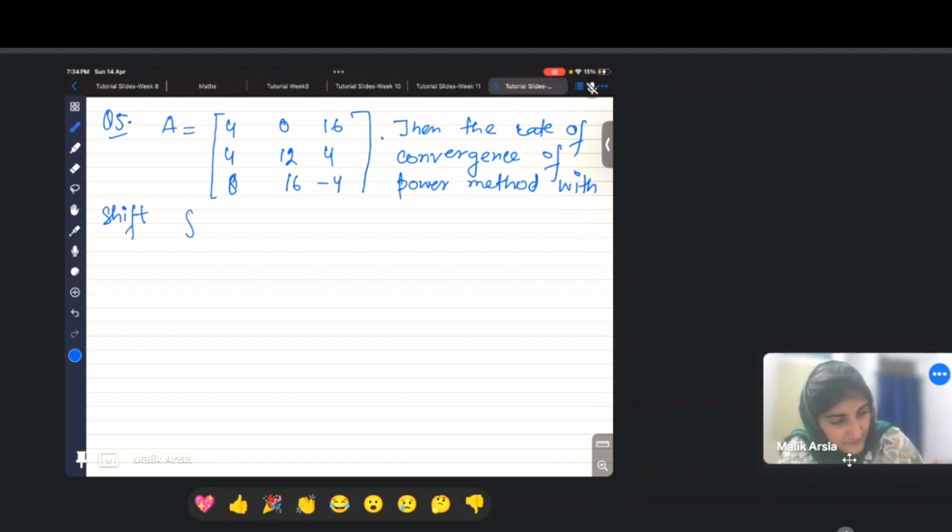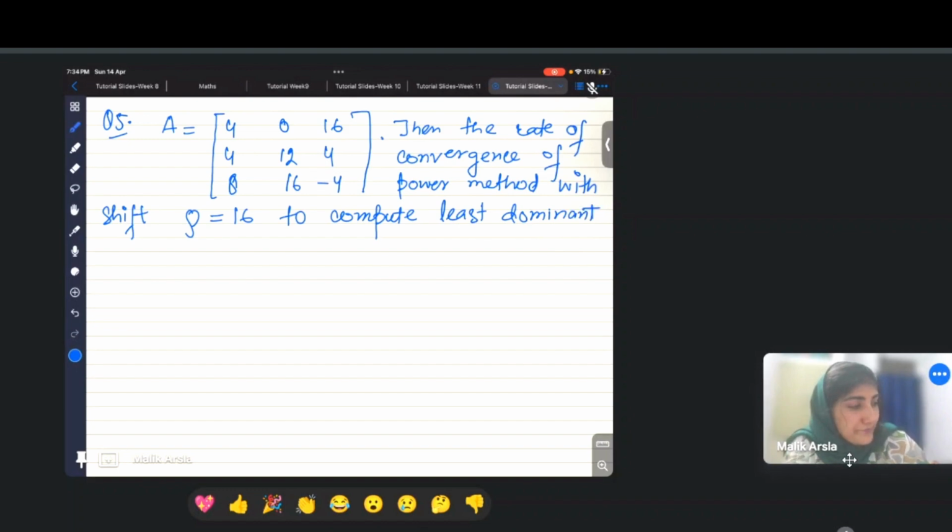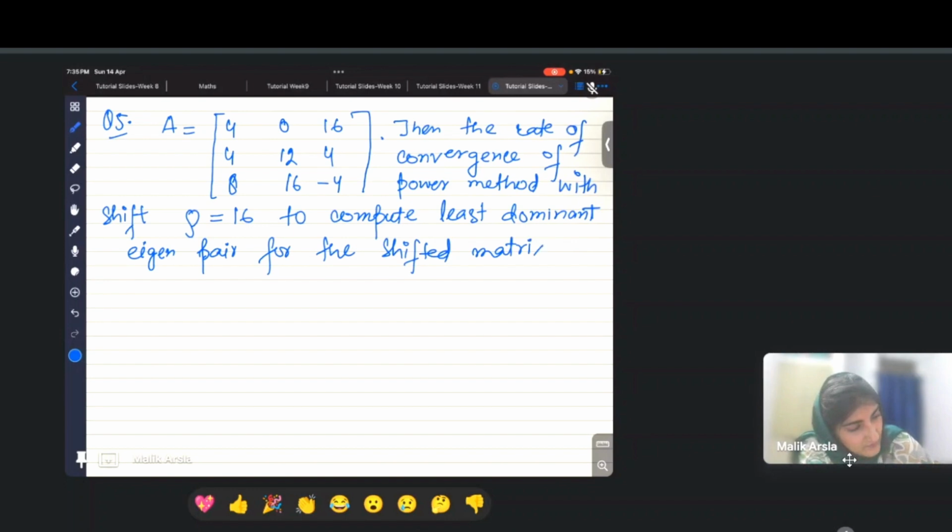So the shift is given as rho is equal to 16, to compute the least dominant eigenpair for the shifted matrix B is equal to A minus rho I. So basically you have been given a matrix A, and the origin shift has been provided to you as 16.